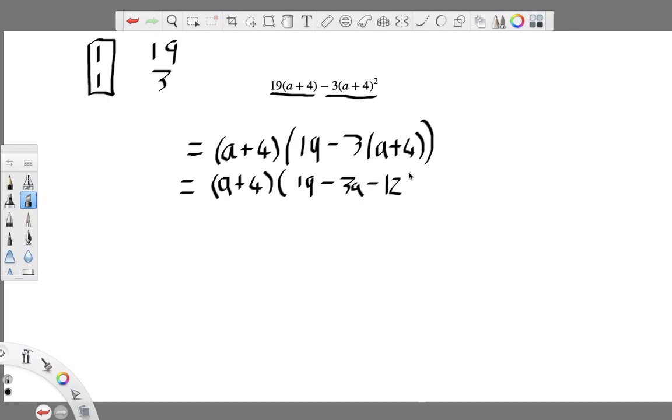And again, then we just need to collect like terms. So we've got a plus 4. And then 19 minus 12, well, that's just 7. So we've got 7 minus 3a, just like that. And there we go. That example is now factorised.